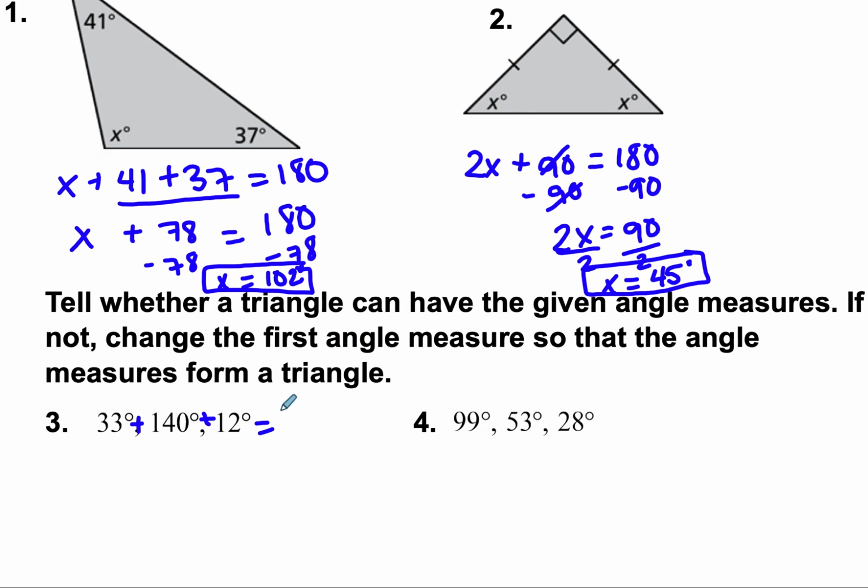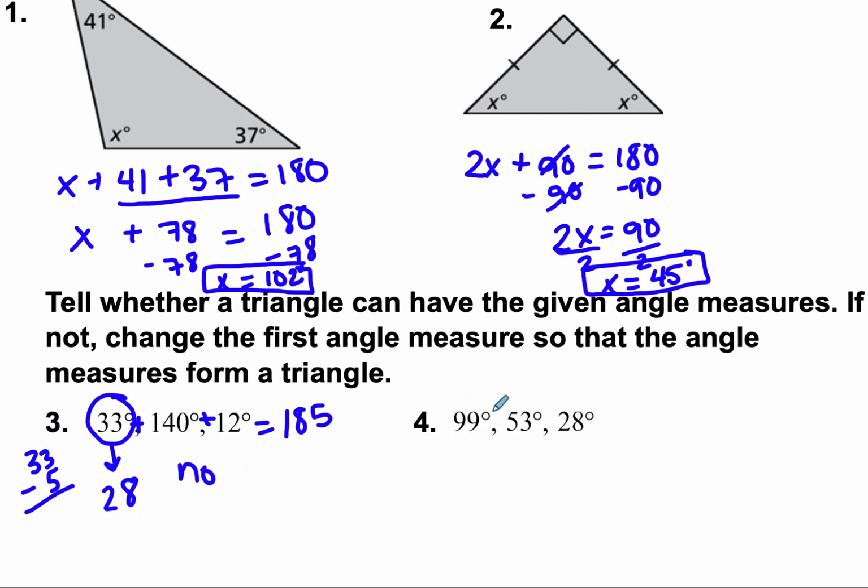That is 5 degrees too many. So that's going to be a no. That means I need to subtract 5 from my 33 so that I have a number that's going to work to give me 180. So that's going to be 28. When I do 33 and I subtract 5, that's where I get that 28 from.